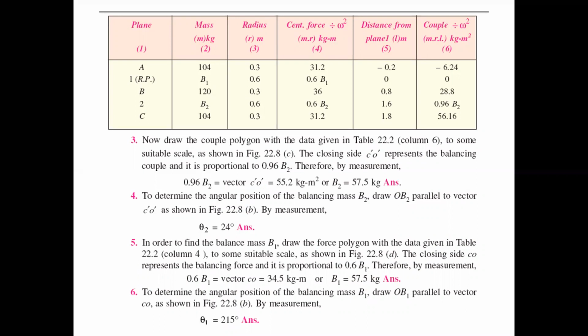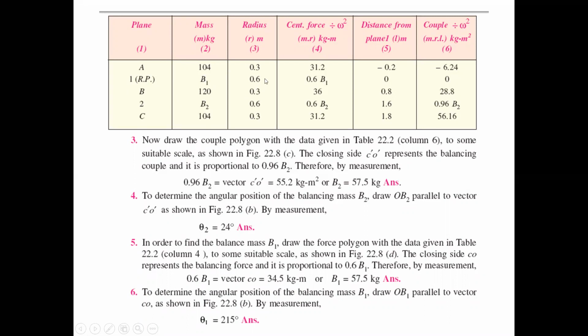First we write the planes: A, 1, B, 2 and C. Here 1 and 2 are the balancing planes. MA is known as 104, MC is 104 and MB is 120. The unknowns are B1 and B2.